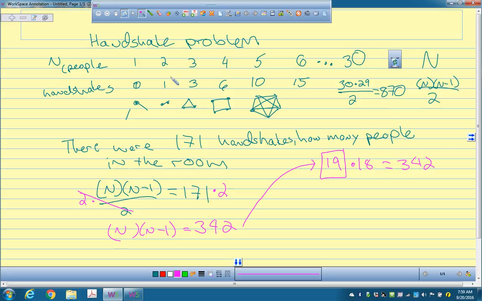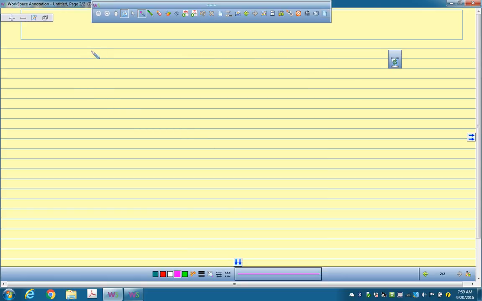There's another type of problem that you're going to see, and that's diagonals of a polygon, right? Let me write diagonals. There we go.